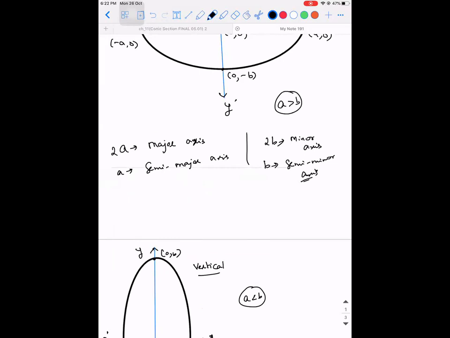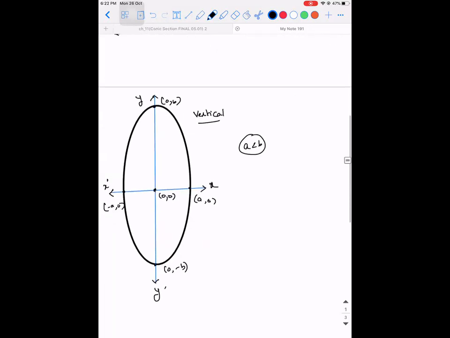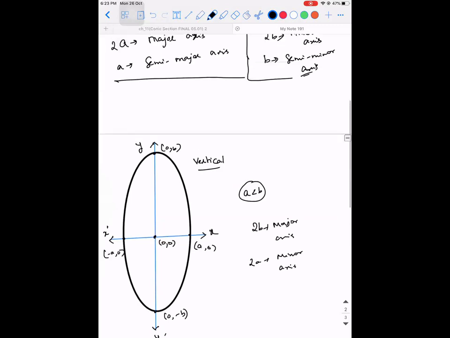Right, and b is called the semi-minor axis. In a similar way, here also you have the same thing. So 2b will be called the major axis, and b will be called the semi-major axis, and 2a is called the minor axis. a will be called the semi-minor axis. All these things are okay.